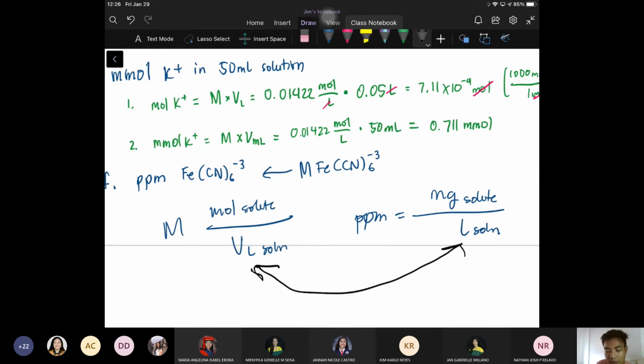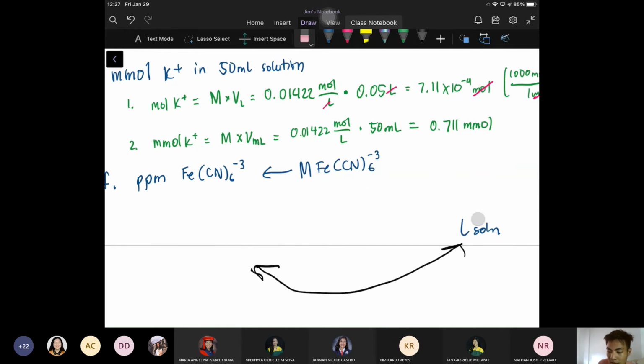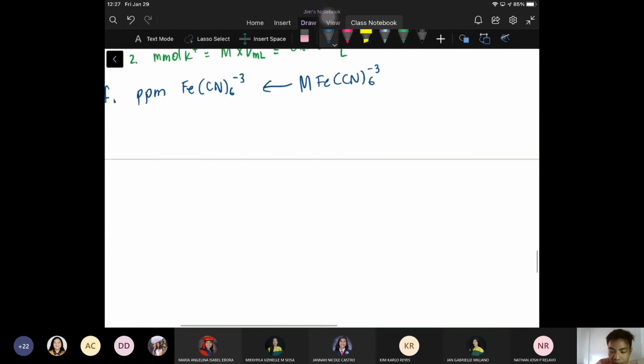Okay? Same yung dalawa. Can we convert mole to milligram? Mole of solute to milligram of solute? Yes, di ba? Pwede yan. Gamit ka lang ng mass-mole relationship. So, we convert the mole of solute to milligram of solute, and then we solve for the ppm. Okay? So, let me write the workflow dito sa taas.